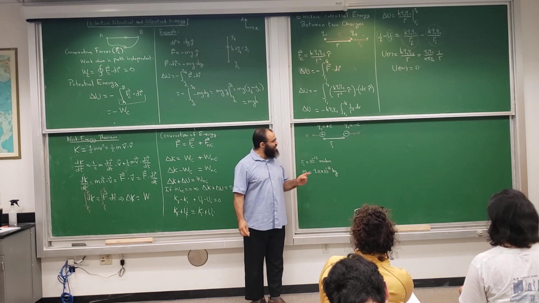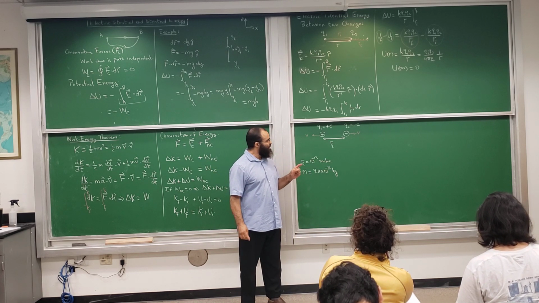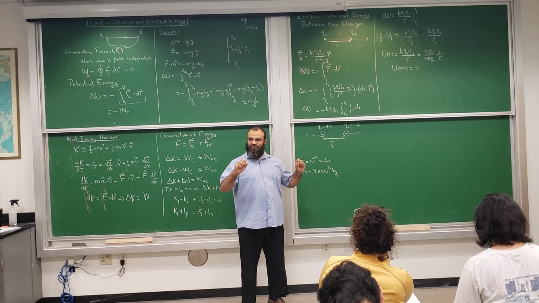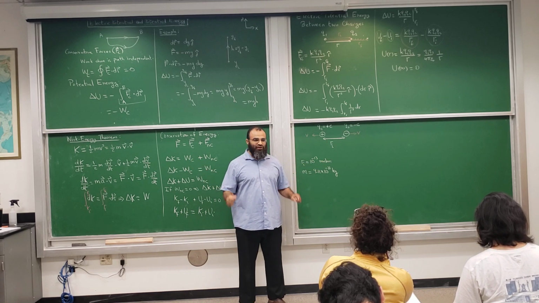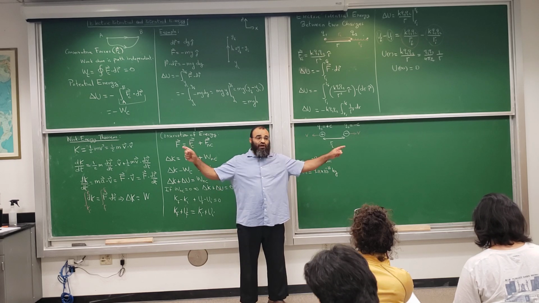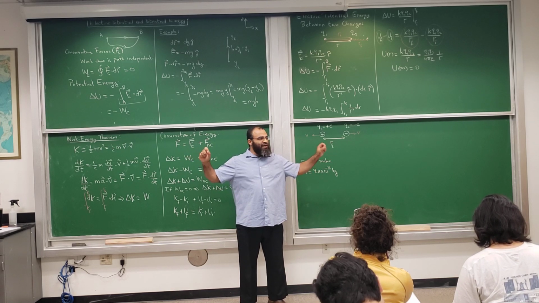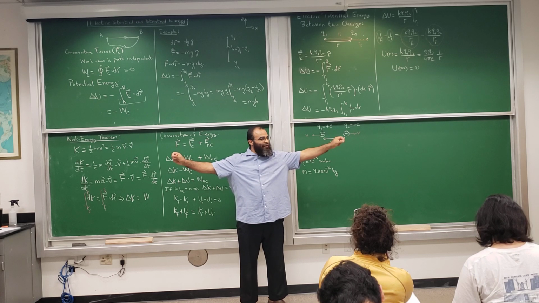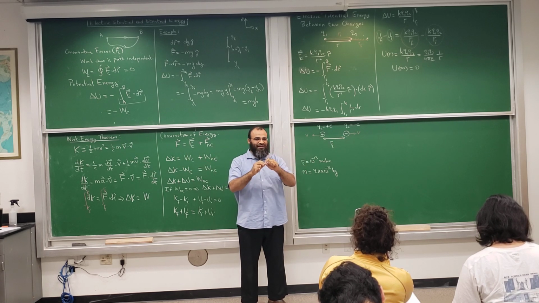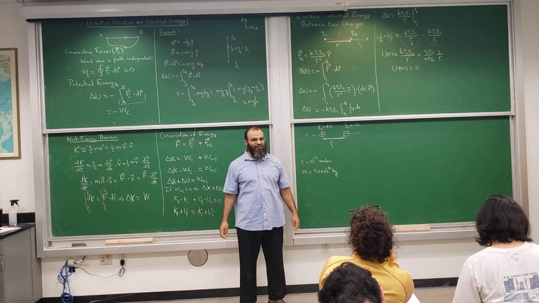So the question is this. What's the minimum speed that I can give them so that they never come back? I want to give them enough speed that they will go very far apart. Because if they go just far but not far enough, they will still come back, right? So how far do they need to go?